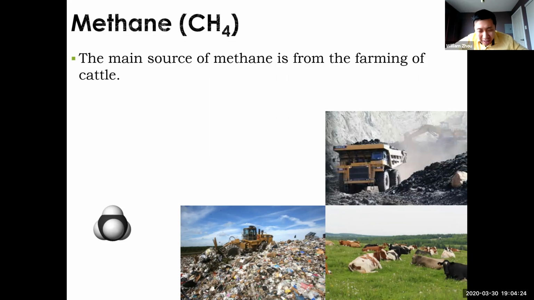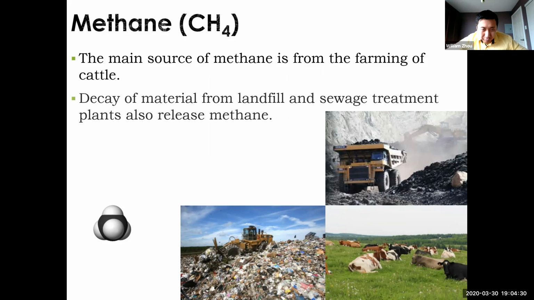So cattle takes a lot of space, and also they release a lot of methane, right? As well as landfills, bacteria that exist inside of garbage dumps will break down some of the trash and release part of the trash as methane. That is a byproduct of the bacteria metabolism.